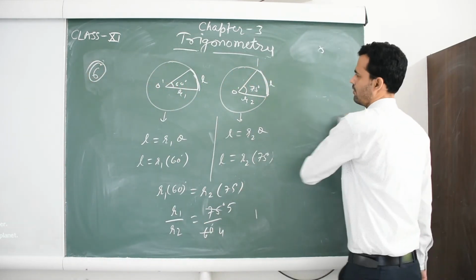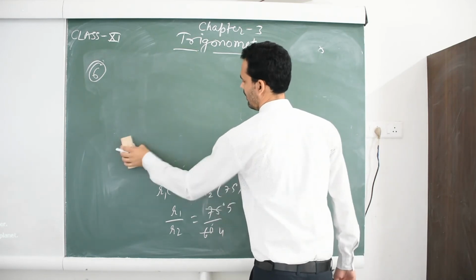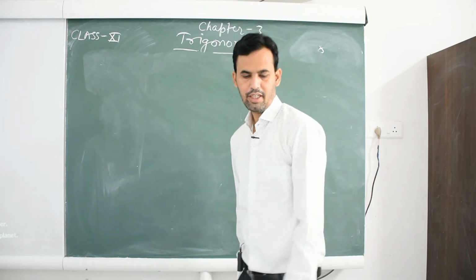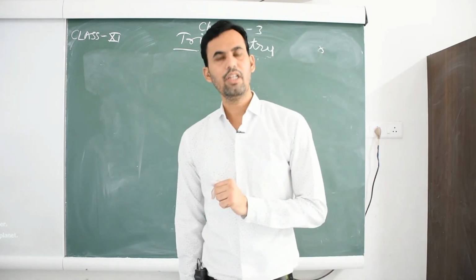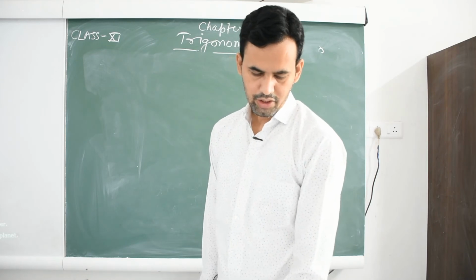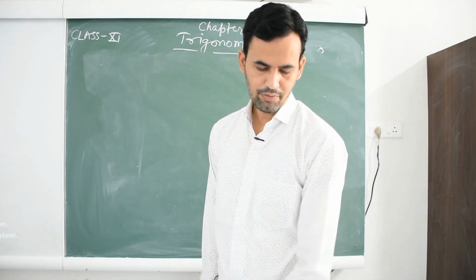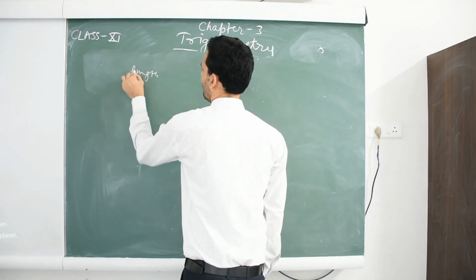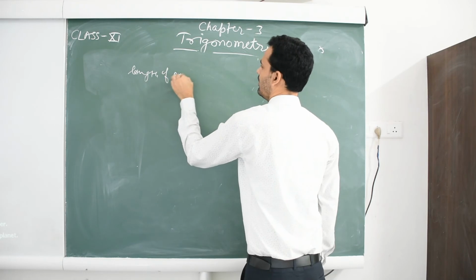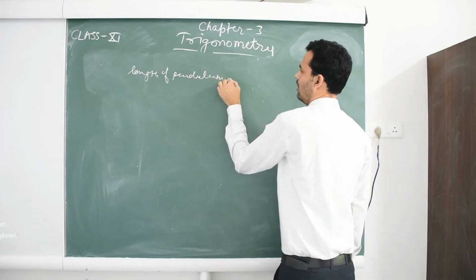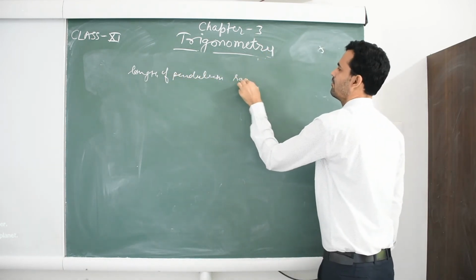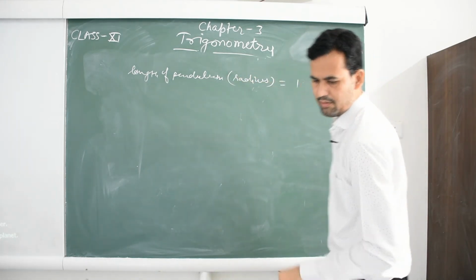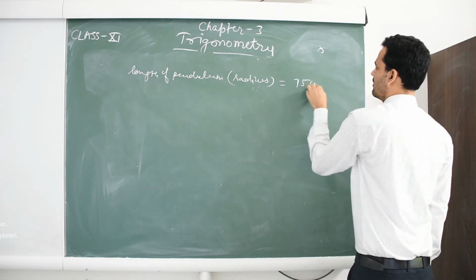Now the last question of this exercise, question number 7. Find the angle in radians. We have to find the value of theta in radians through which the pendulum swings if its length is 75 centimeter. Length of pendulum, which is also known as radius. Radius is given as 75 centimeter.